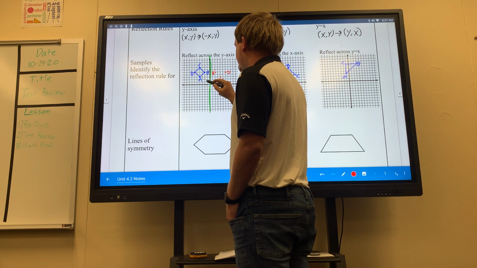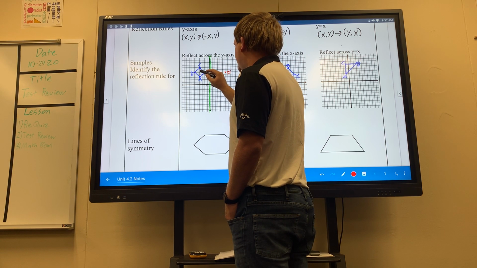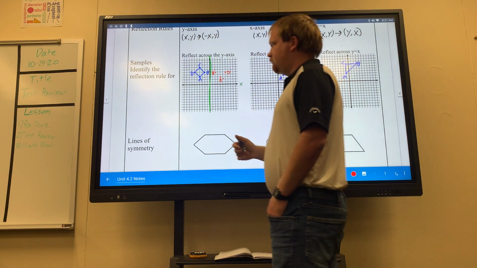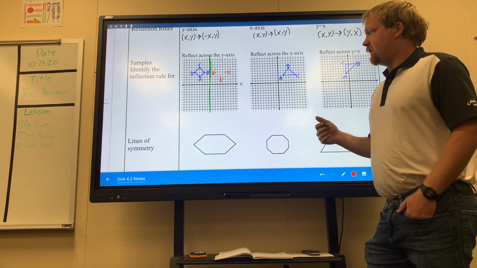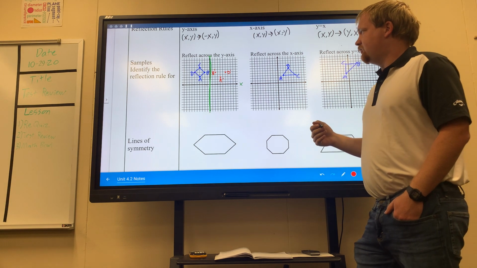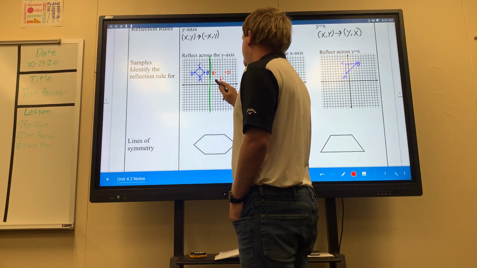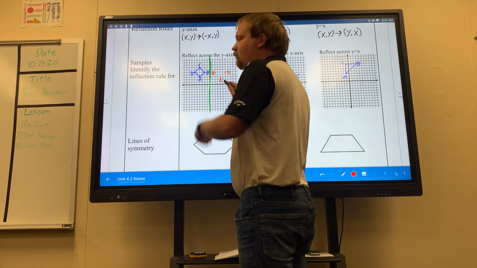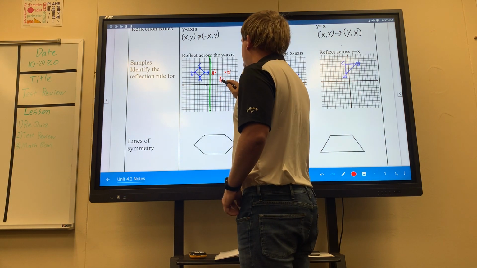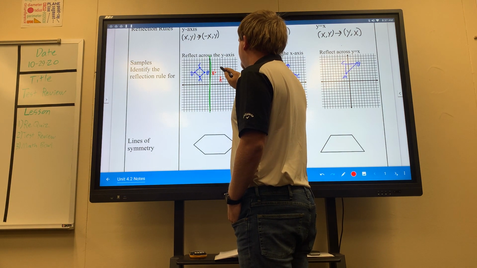And then for C, negative 4, 7. Changing the sign of my x, which will be positive 4. Y stays the same, 7.